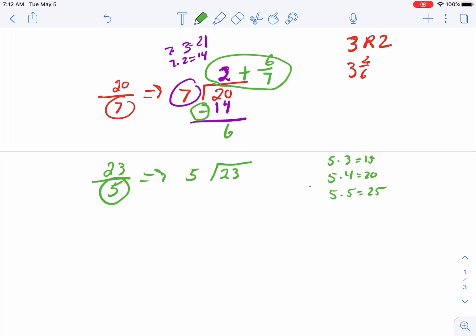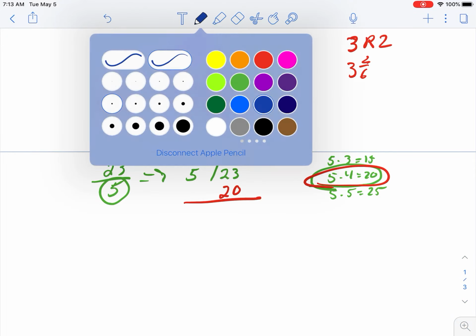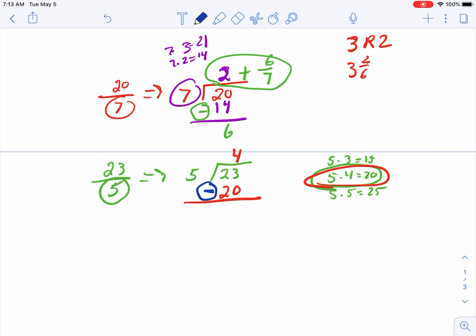The one that comes closest to 23 is 5 times 4, so we multiply by 4 and get 20. We don't add, we change our signs from positive to negative. Therefore we have 3, and this is our remainder. So we go plus 3 over 5.